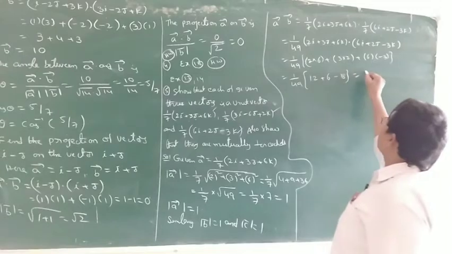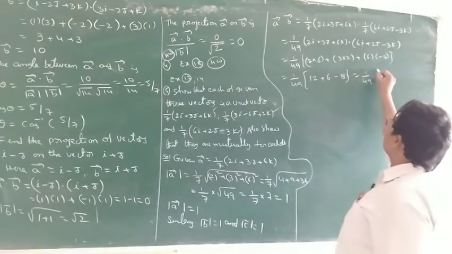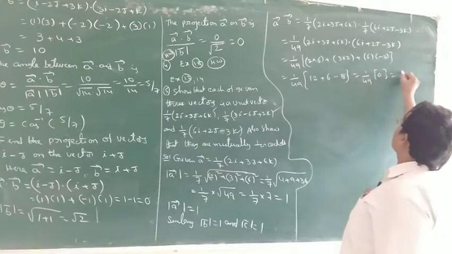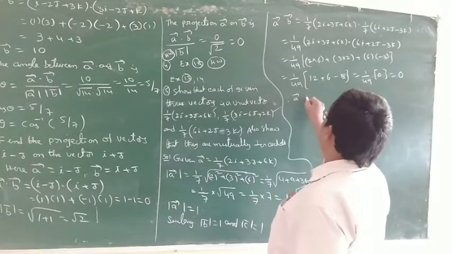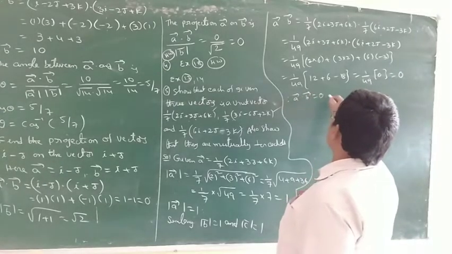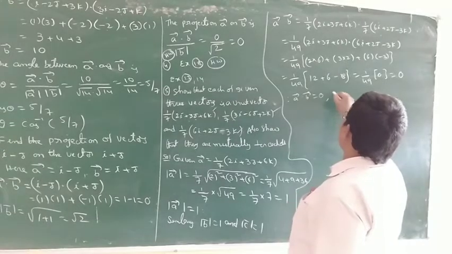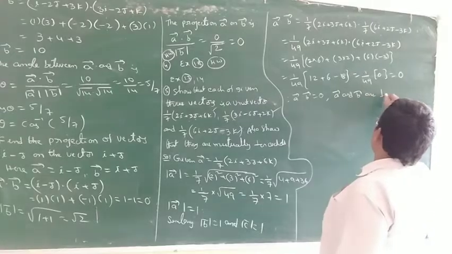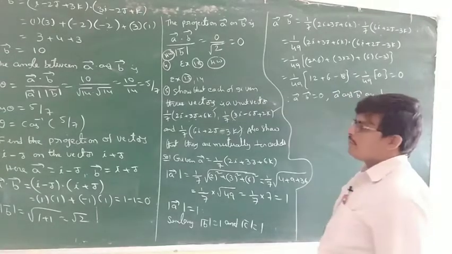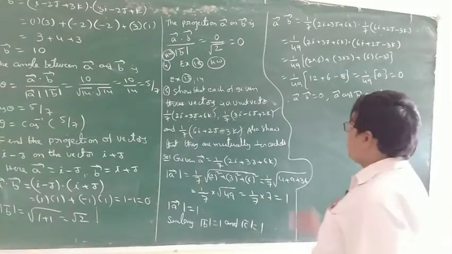That is equal to 1 by 49 into 0, and 0 by anything is equal to 0. Therefore a bar dot b bar is equal to 0. So a bar and b bar are perpendicular.